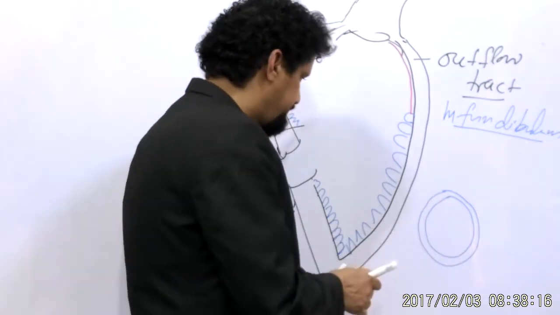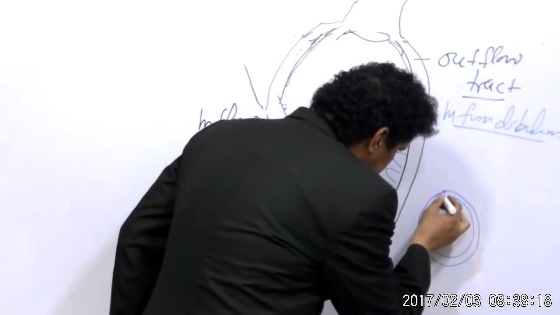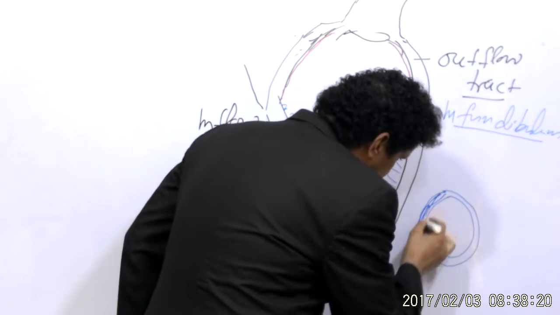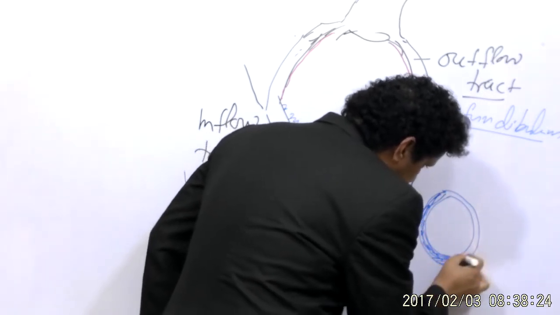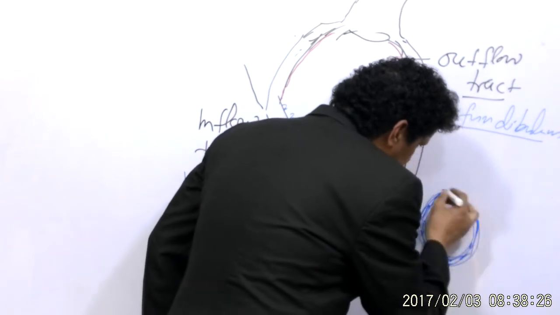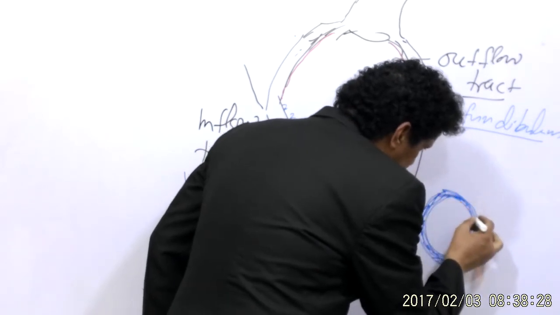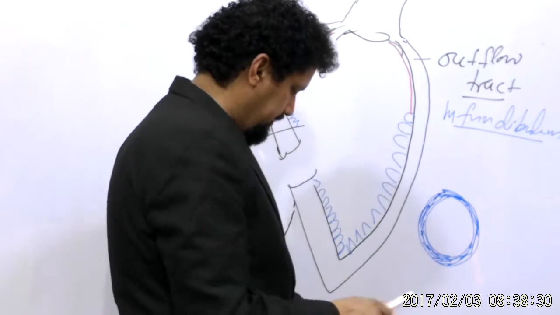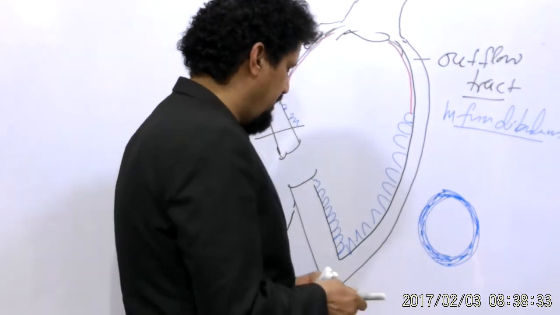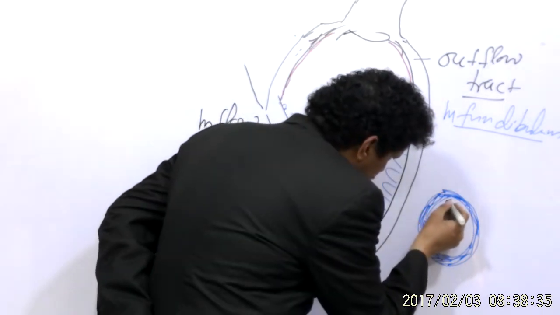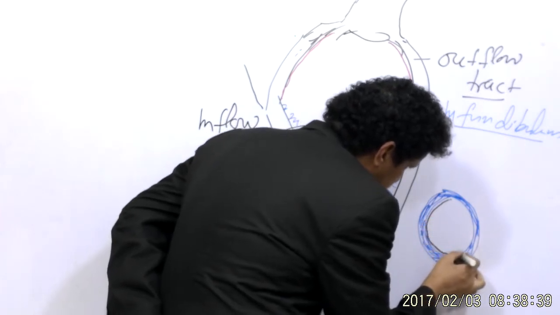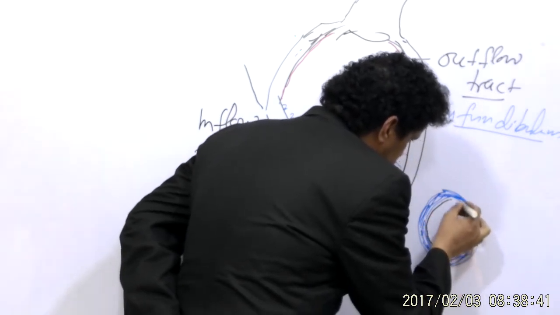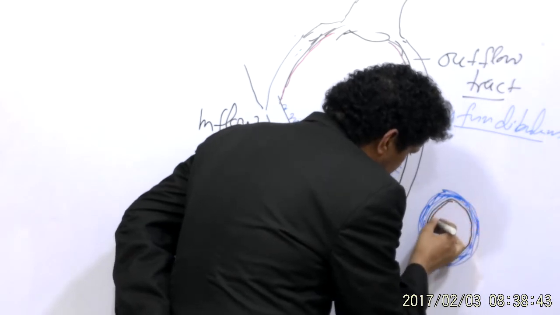This orifice is succeeded by a collagenous fibrous ring. So this is opening known as tricuspid orifice. It is succeeded by a fibrous ring known as tricuspid annulus or annuli tricuspid.